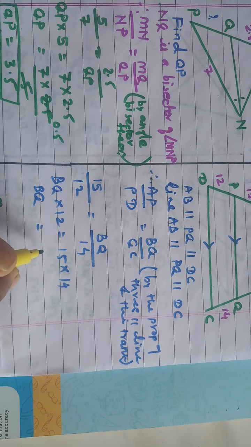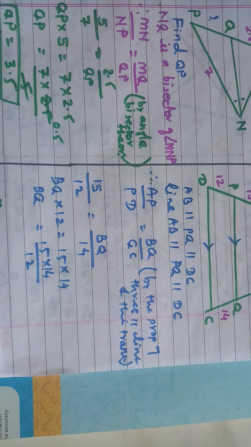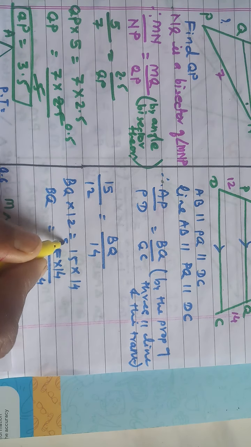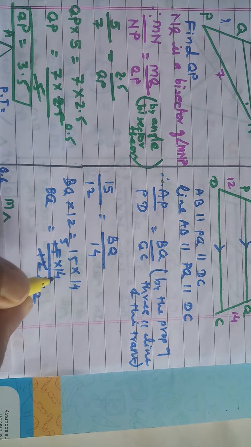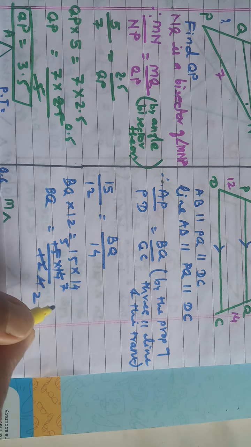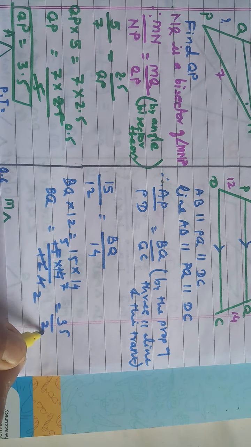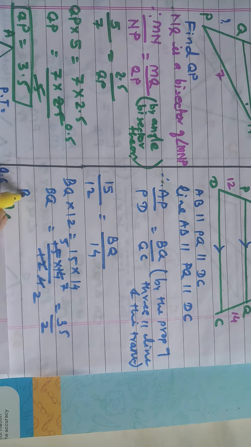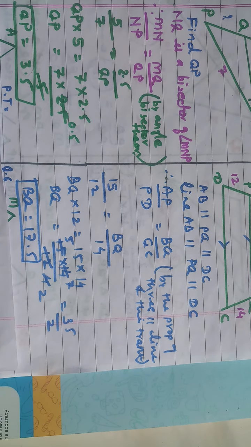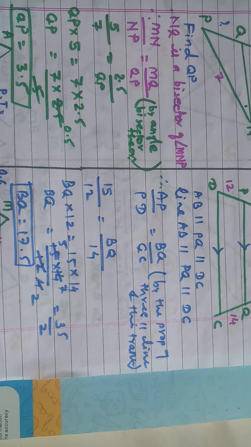Therefore BQ is equal to 15 into 14 upon 12. So 3 4s are 12, 3 5s are 15, 2 2s are 4, 7 2s are 14, 5 7s are 35 upon 2. So BQ is equal to 35 upon 2, which means 17.5. So the length of BQ is 17.5.